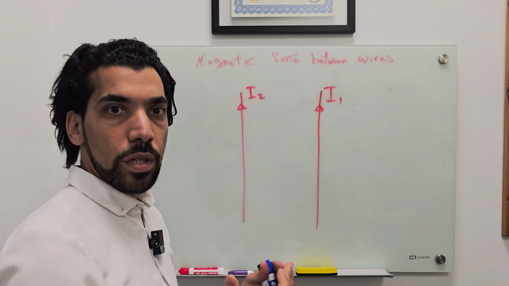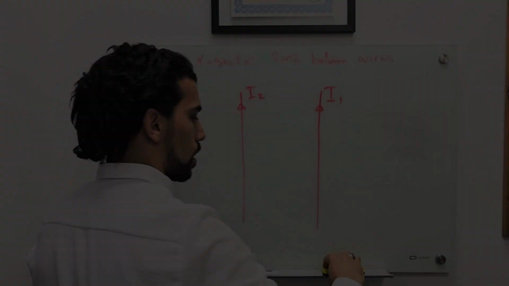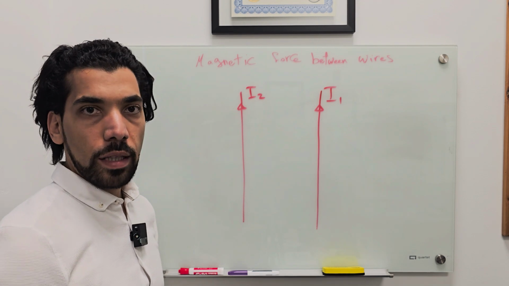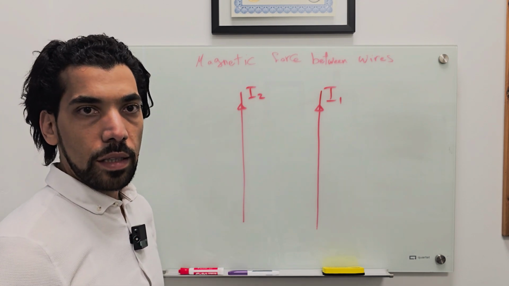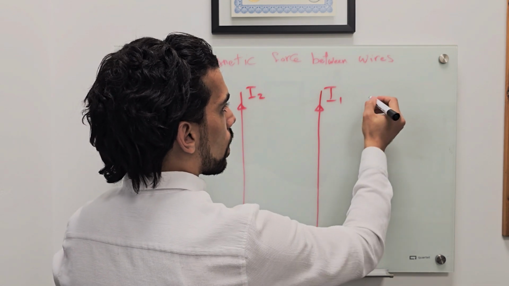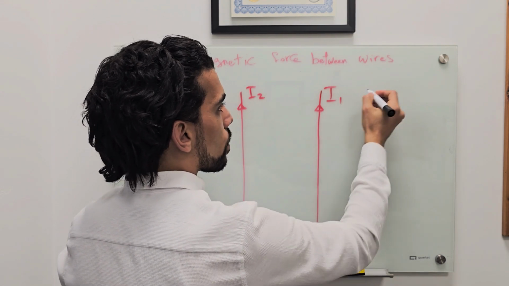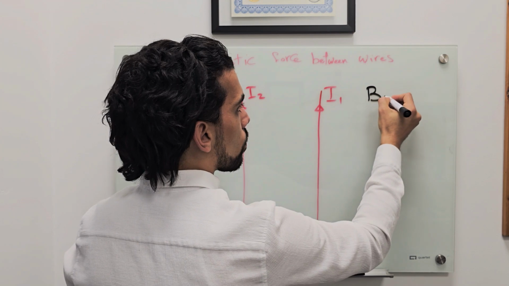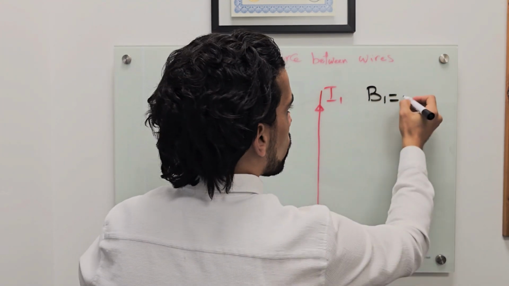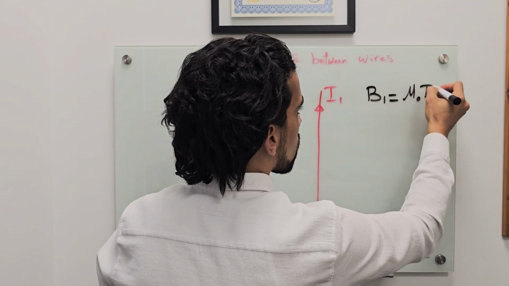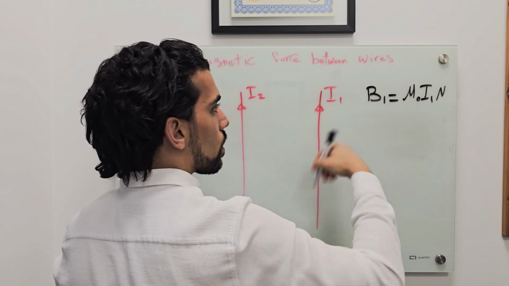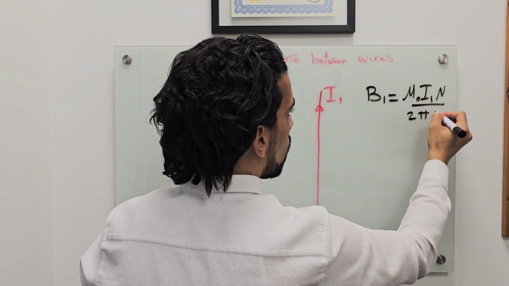So there's some magnetic force created between these two wires. To get the force, it's as if one of them is creating a magnetic field and the other one gets the force itself. So if you consider that the magnetic field is generated by I1, B is going to be mu naught, the permeability in space, multiplied by the current I1, multiplied by the number of wires over 2 pi r.